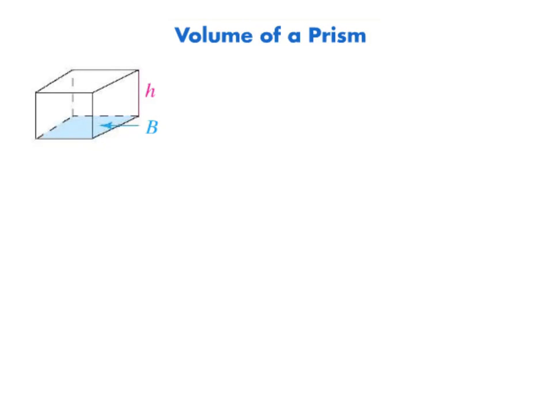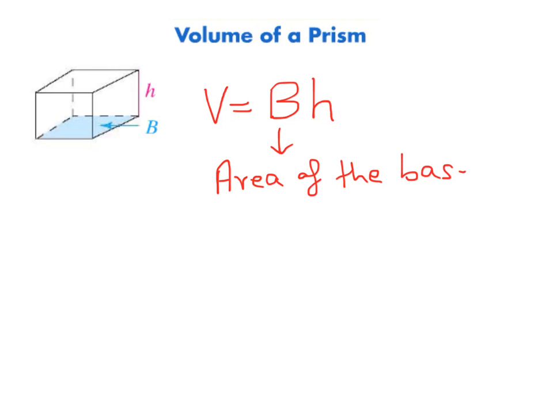The formula to find the volume of a prism is V = BH, where B stands for the area of the base, and H stands for the height of the prism, and the height of the prism is the distance between the two bases.